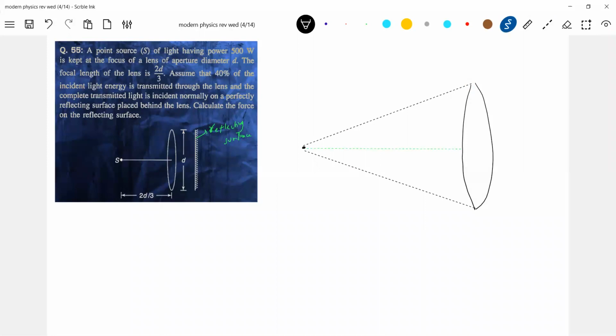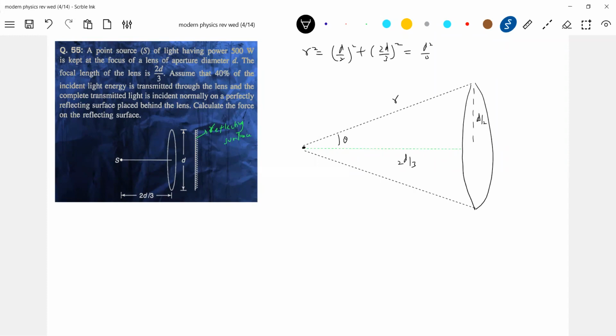So shall we go for some solid angle concept? This distance is D by 2, and this is 2D by 3. So tan theta, cos theta is needed, no? So r square is equal to D by 2 whole square plus 2D by 3 whole square.